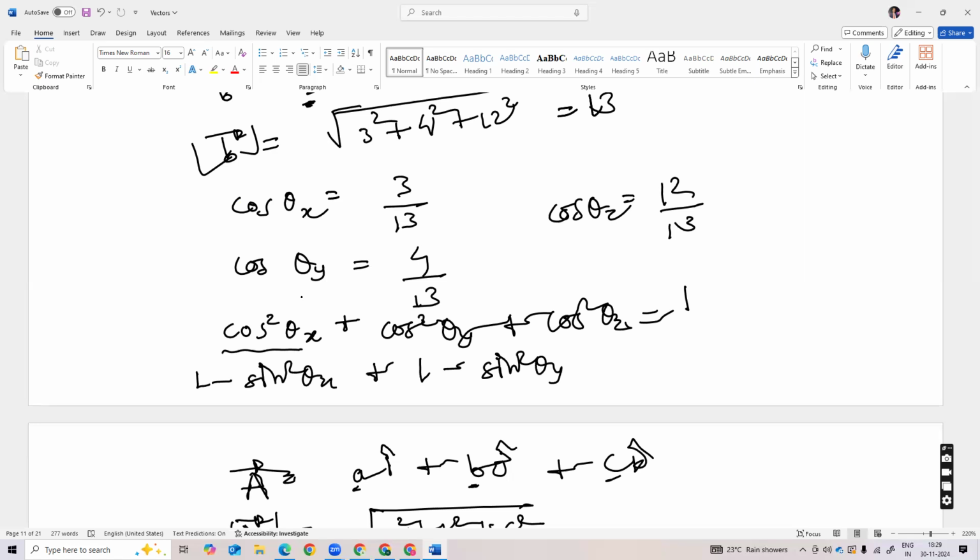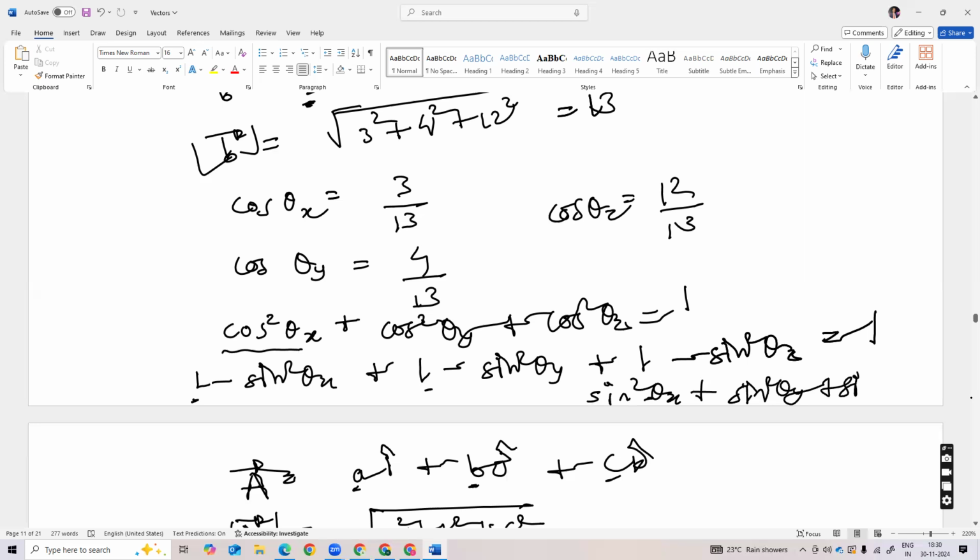For cos square theta z also you can write plus 1 minus sine square theta z, and since the sum is equal to 1, this will be 1 plus 1 plus 1, which is 3, minus the sine square terms. The sine square theta x term will go to the other side, and this 1 comes to the left side. So sine square theta x plus sine square theta y plus sine square theta z will be equal to 2.